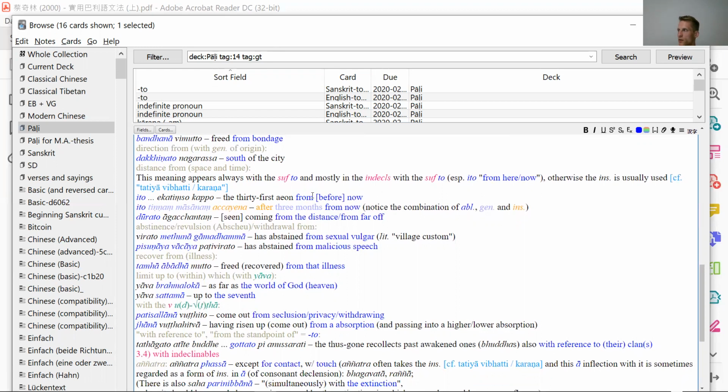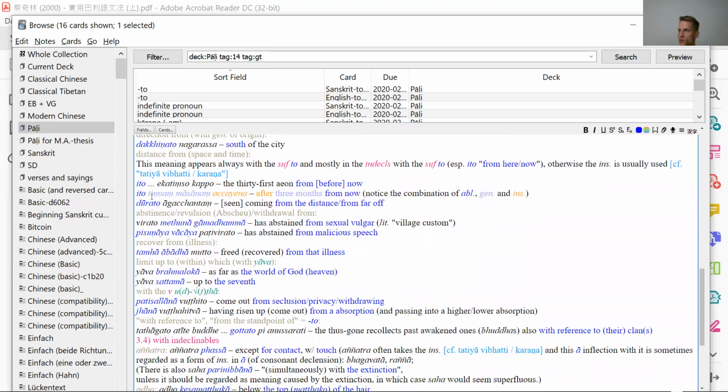Otherwise, the instrumental is usually used. So ito ekatiṃse kappe, in the thirty-first eon from now, before. Ito tiṇṇaṃ māsānaṃ accayena, after three months from now.